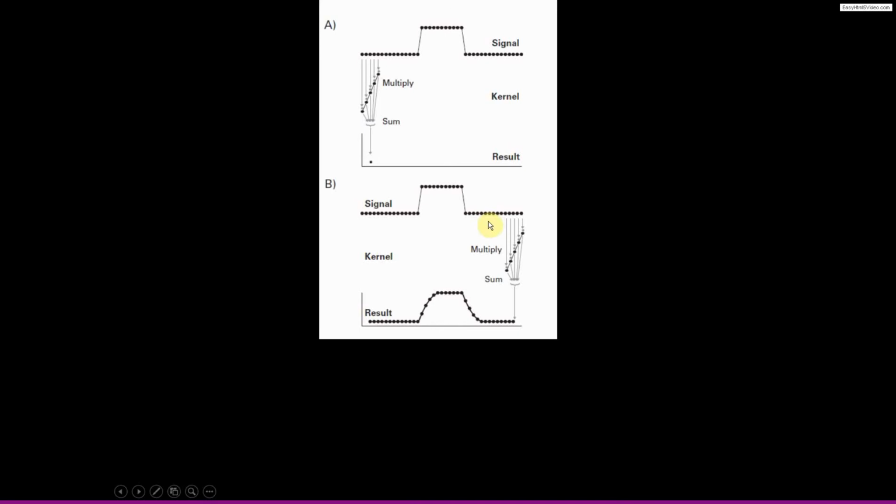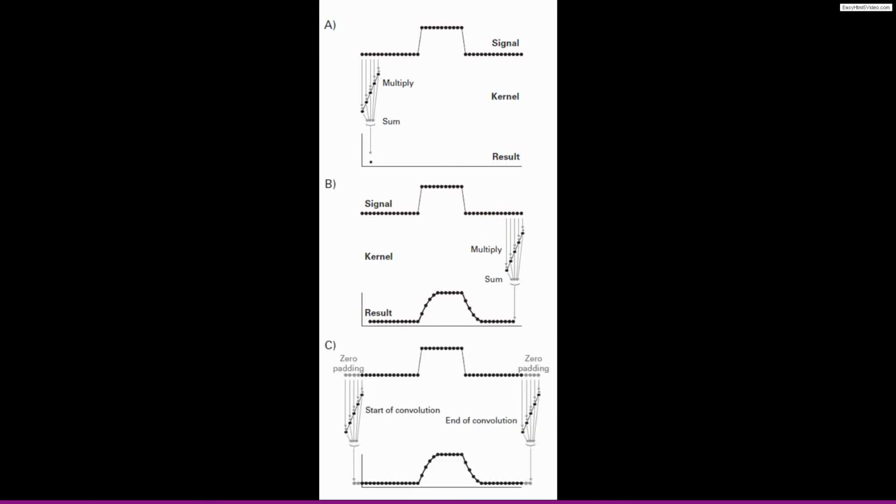So, in practice, the way that convolution really works is that convolution starts such that the rightmost point of the kernel is aligned with the leftmost point of the signal. And that means there's only one point of overlap. So in some sense, the dot product is not defined. And so what we need to do to be able to compute a dot product is zero pad the signal.